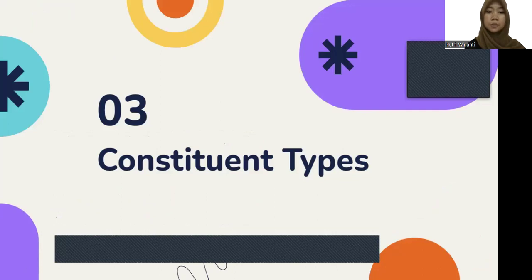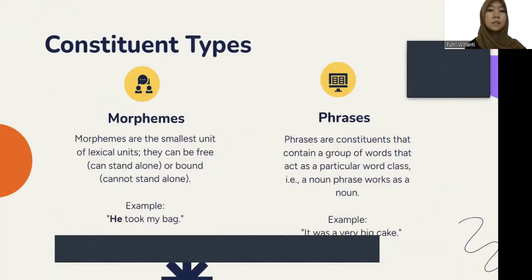Now, we move to constituent types. The first type is morphemes. Morphemes are the smallest unit of lexical units. They can be free, which can stand alone, or bound, which cannot stand alone.